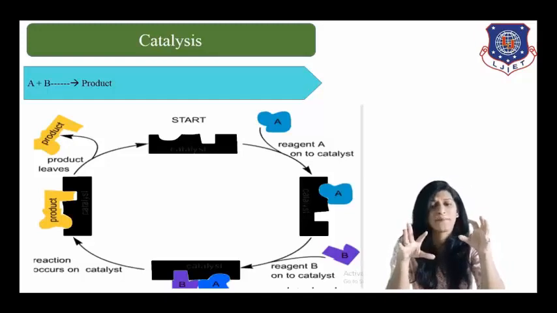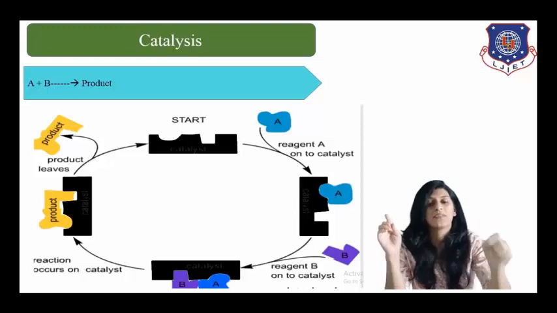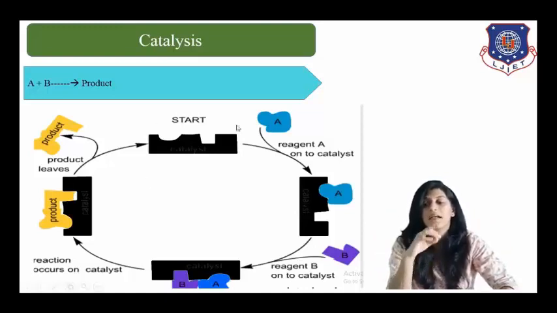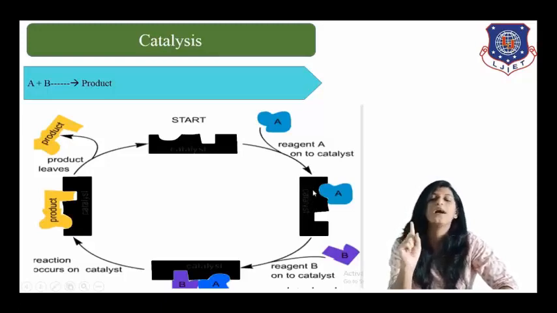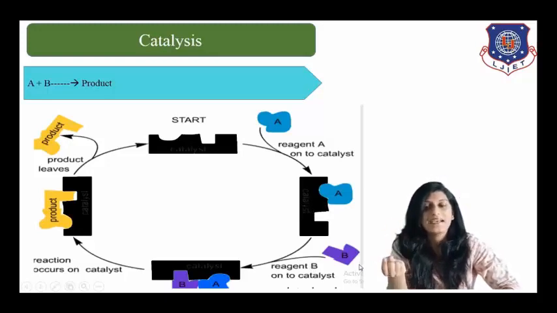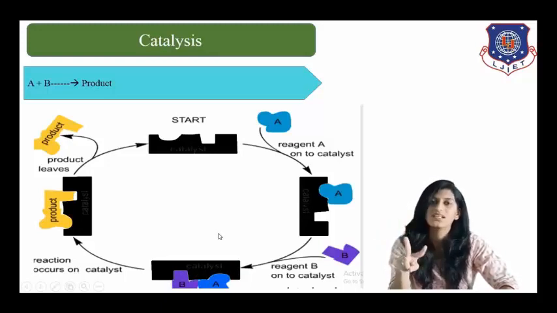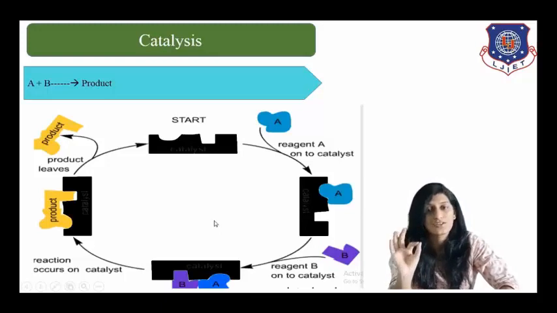Initially, reactant A is going to get adsorbed on my catalyst surface, as you can see in this picture. Once it gets adsorbed on the surface of the catalyst, another reactant B will try to get adsorbed on the surface of the catalyst. So as you can see here, both the reactants are now adsorbed on the surface of the catalyst.